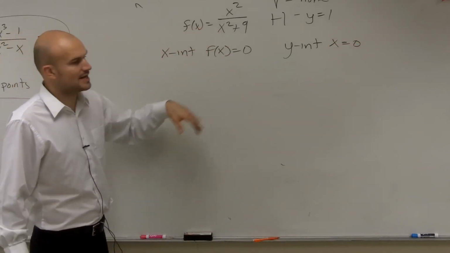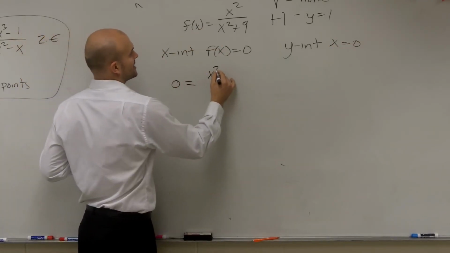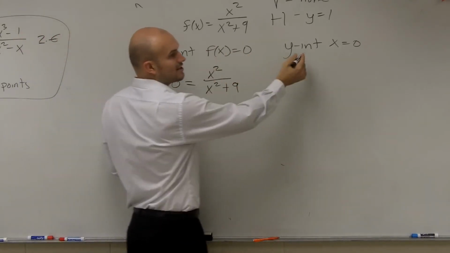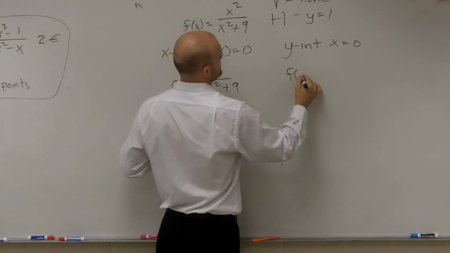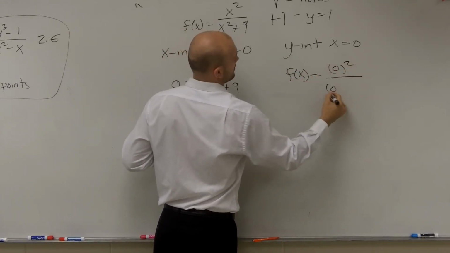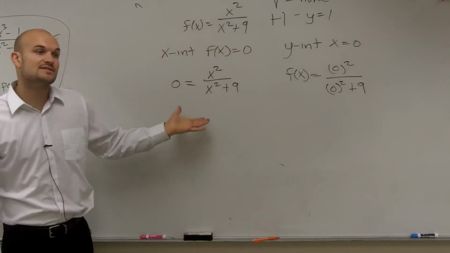So the x-intercept is when your output value equals 0. We put a 0 in for that, and we get 0 equals x squared over x squared plus 9. In contrast, the y-intercept is when x equals 0, so f of x equals 0 squared over 0 squared plus 9. Now we just need to evaluate.